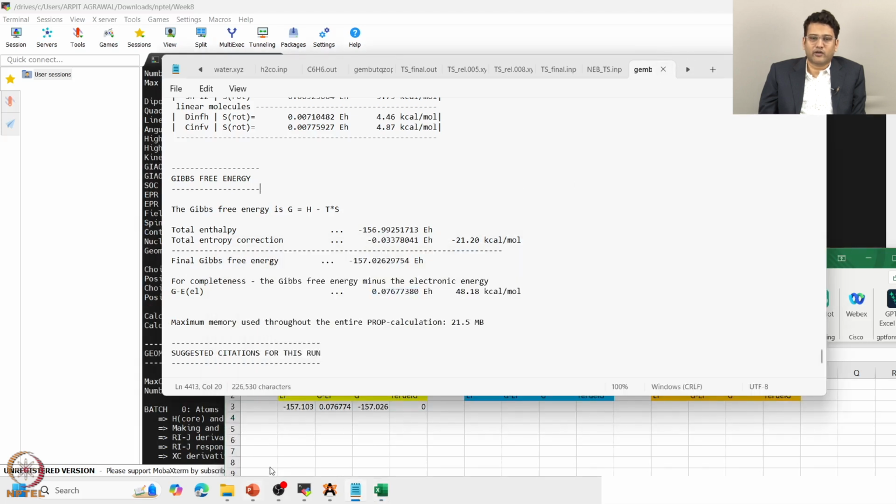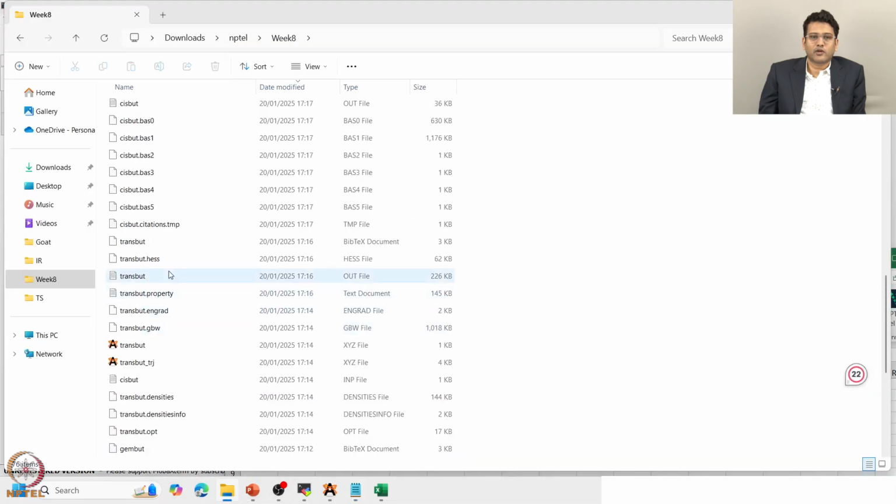Now similarly I can do the trans one. It's the trans butene out file.